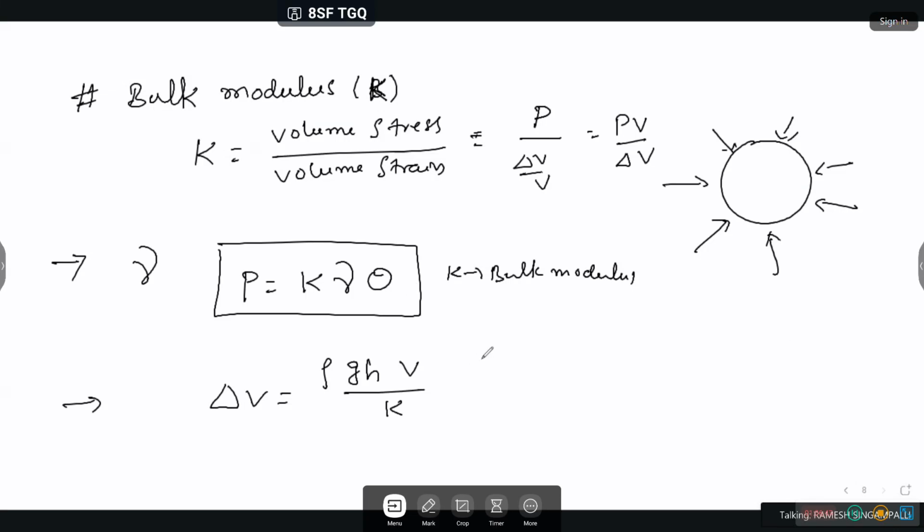Density of material. Rho is the density of the material.